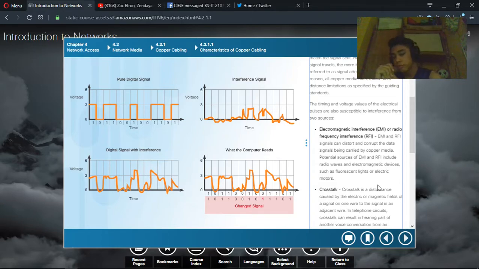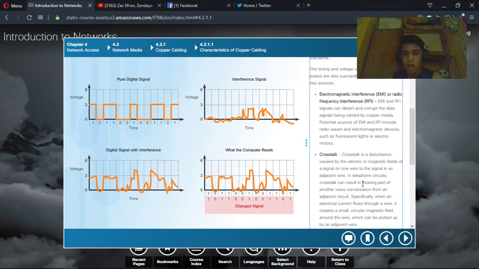For example, if our copper cable is near an electromagnetic device, it can corrupt the delivery of the data. Crosstalk is a disturbance caused by the electric or magnetic fields of signals on one wire to the signal in an adjacent wire.